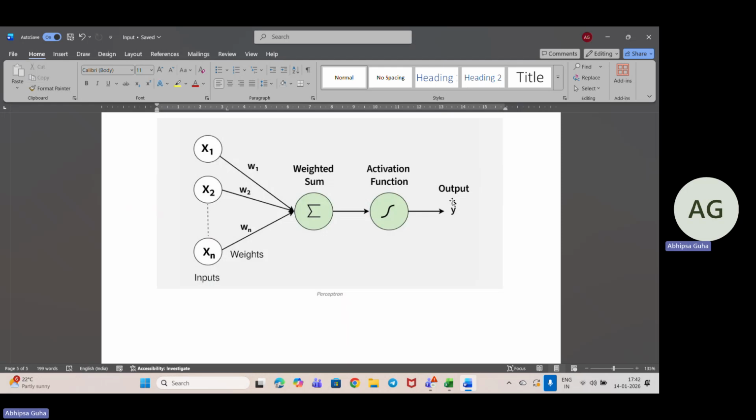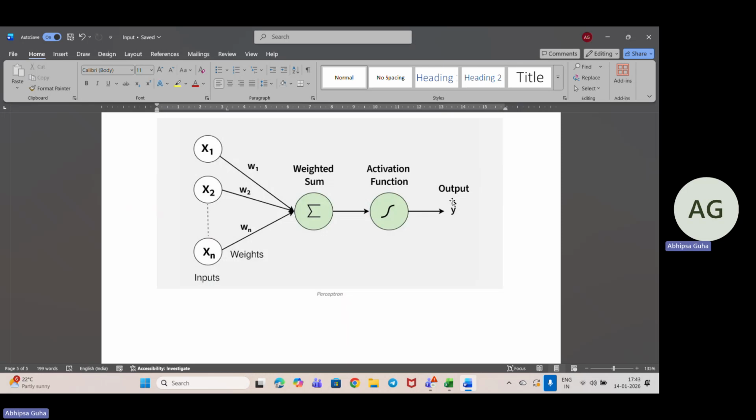And then we are adding the bias, as you know, the extra push. The bias we can take as negative, positive, whatever we want. Then we go for the activation function, that is the decision-making part of it. After the activation function we get a threshold, and based on that we get an output.